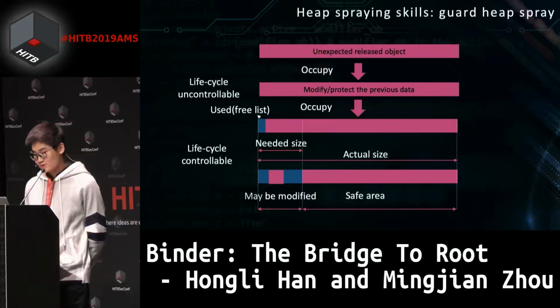So, how to leak the cred address with this vulnerability? It's not easy to leak the cred directly, and even if we can arbitrarily read, who knows where to read? We try to leak the address of an object whose life cycle is controllable.